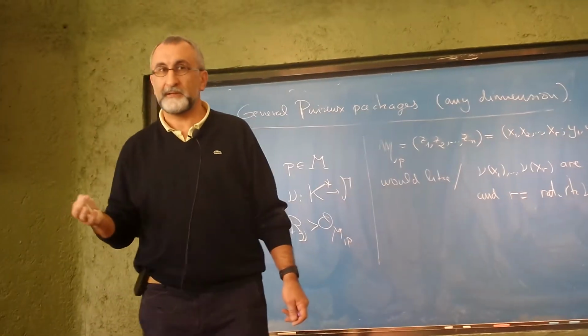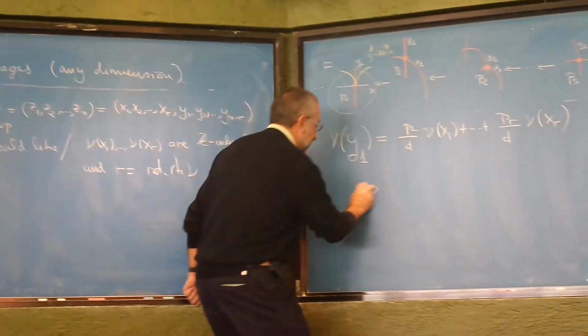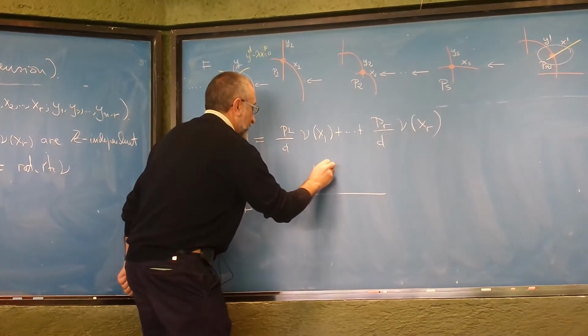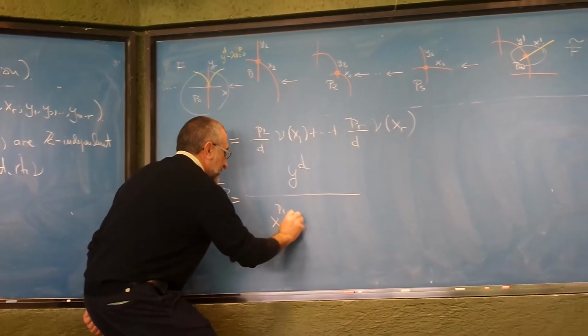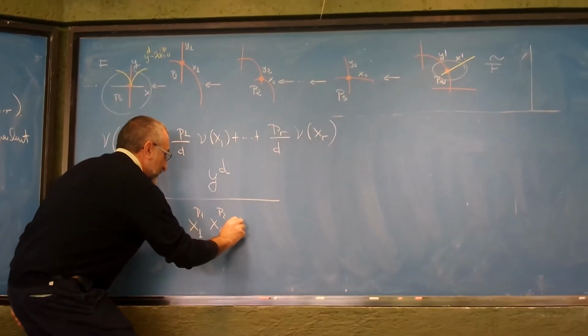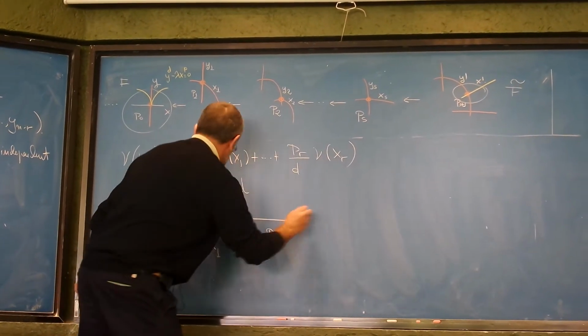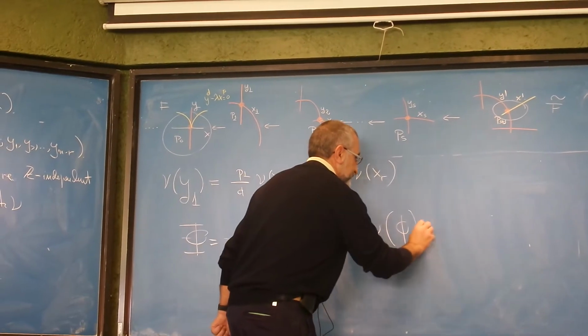So this means that the value of phi, which is exactly y to the d divided by x1 to the p1, x2 to the p2, xr to the pr, has value 0.